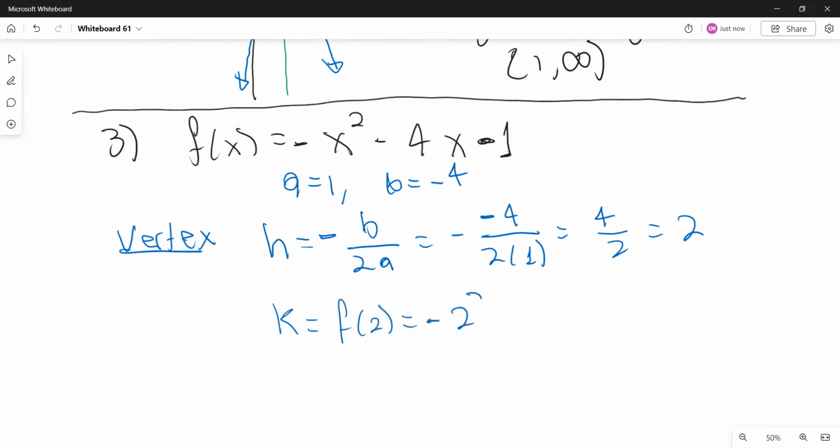This is the opposite of 2 squared minus 4 times 2 minus 1. So this is what? This is -4 minus 8 minus 1. Or let's see, am I? Okay, making sure that everything is correct. Oh, yes, I see what I'm missing. So that's a -1.